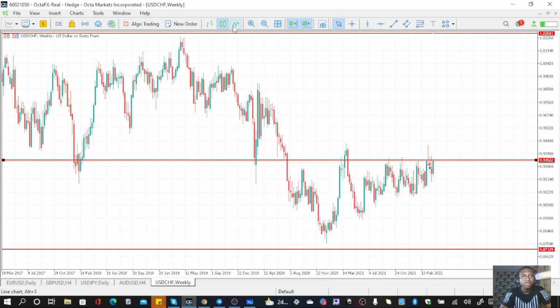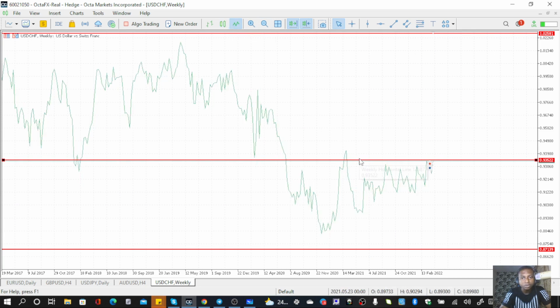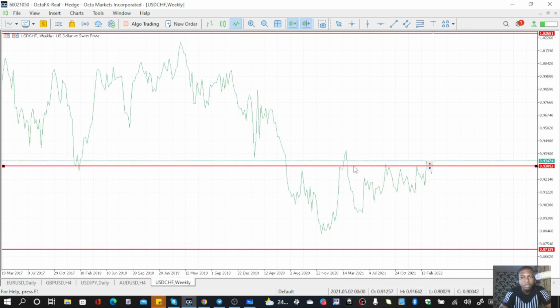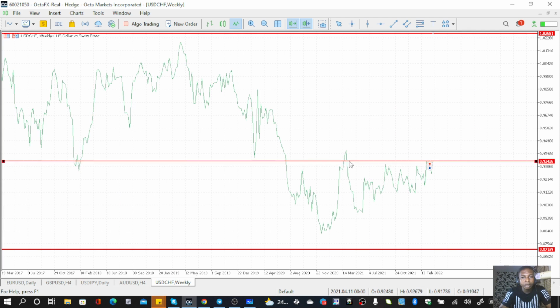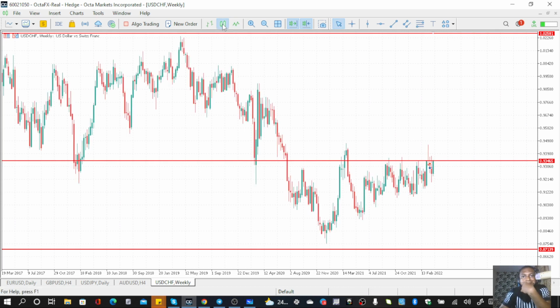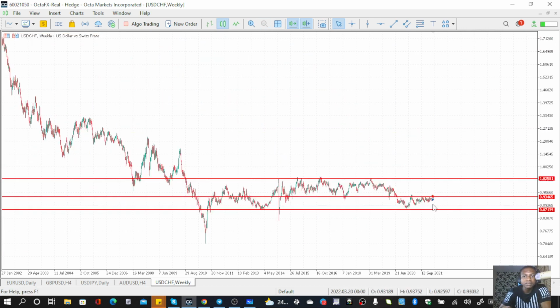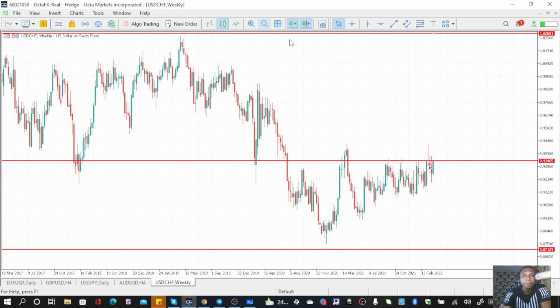Let's use the line chart so that we'll be able to mark out the territory accurately. Yeah, I think this region is actually okay. So we are looking at this level as a very significant level. Any push outside this level might mean bullish momentum.